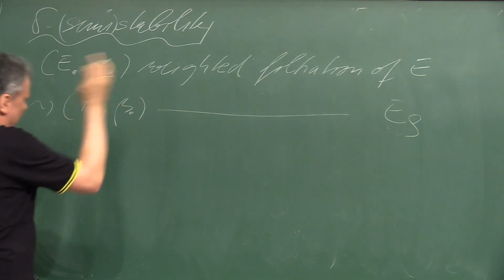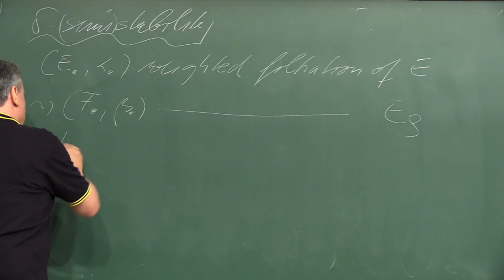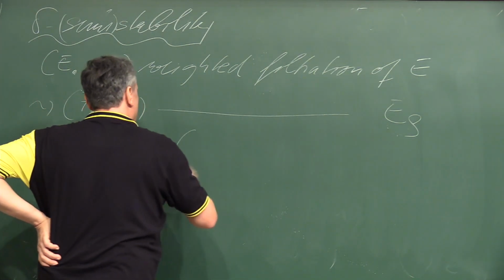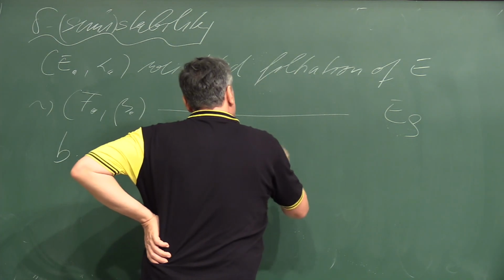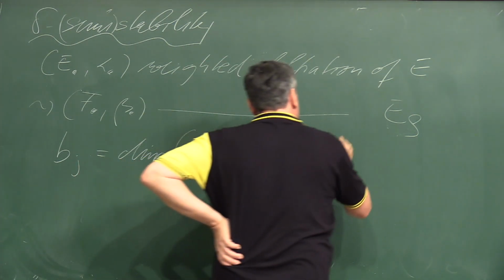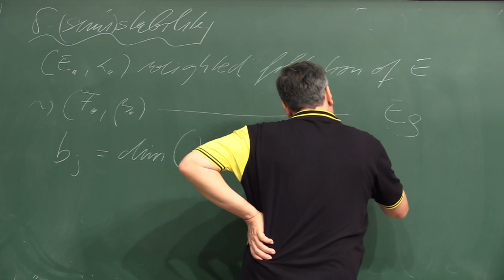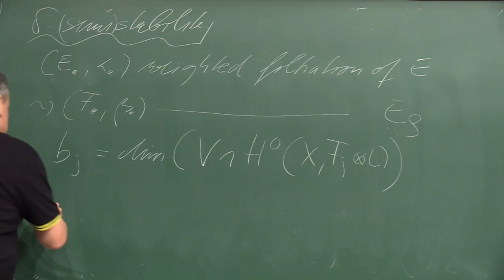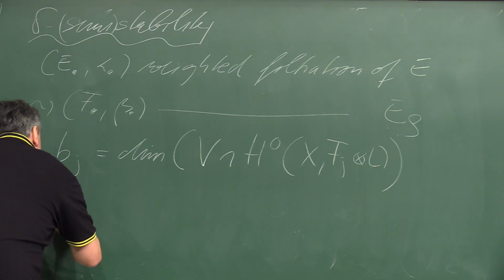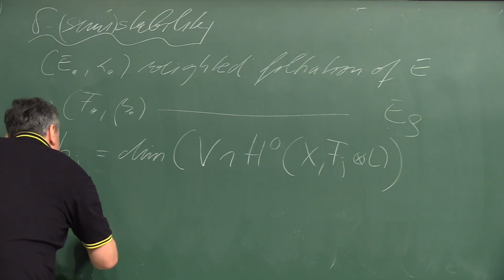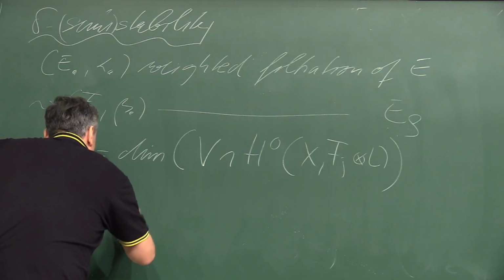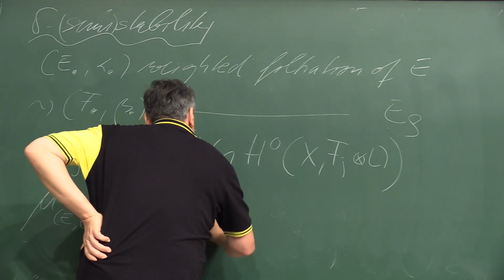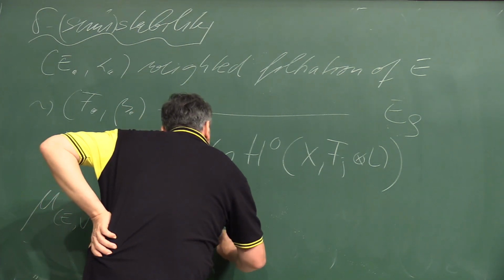So this runs, say, from 1 to t, and I define b_j to be the dimension of V intersected with H0 of F_j tensor L. And then the slope of this, I just call it mu. So it's similar to what I had before.